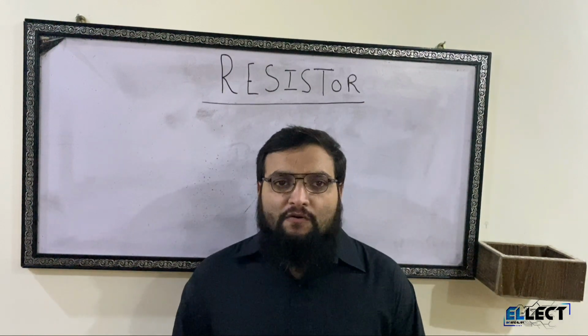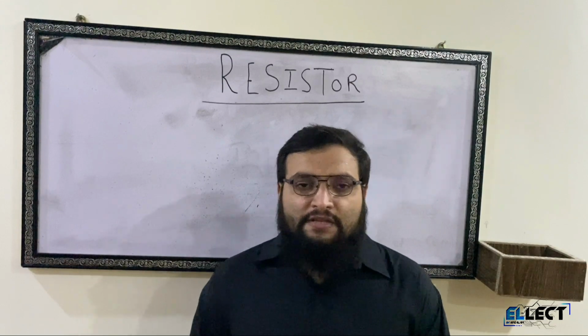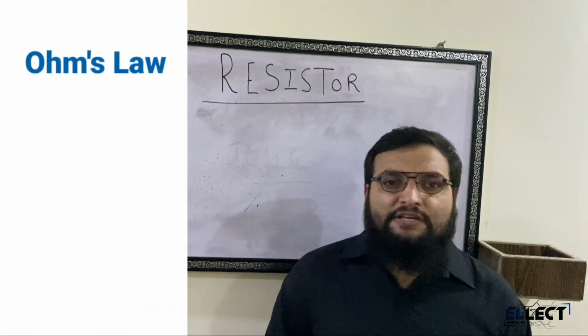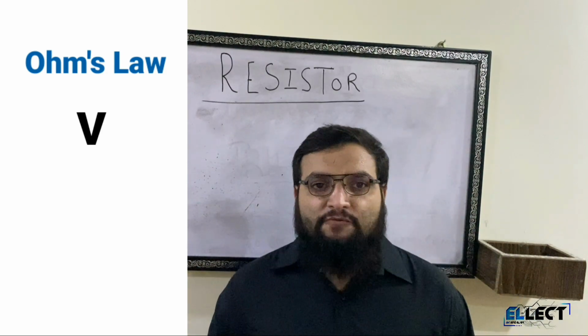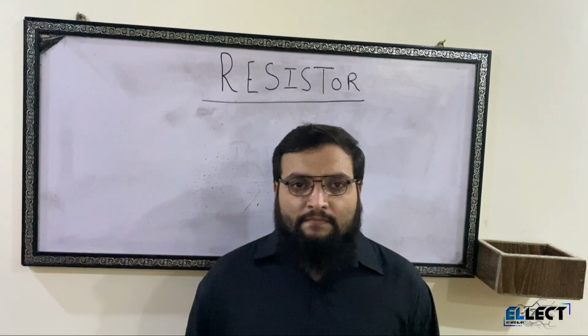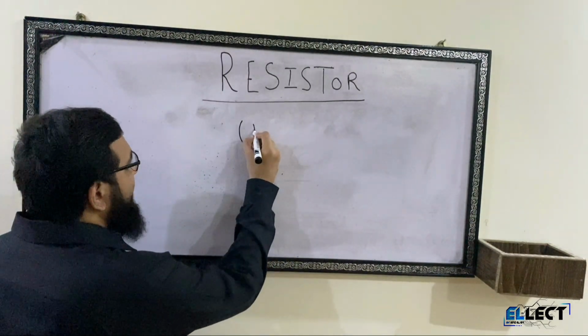The resistance of a resistor is given by Ohm's law, which we have discussed in the previous video, that is V is equal to IR. The ohm symbol is drawn like that.